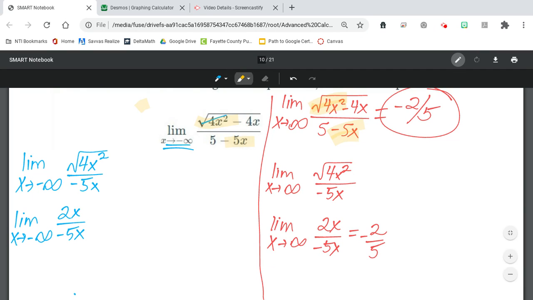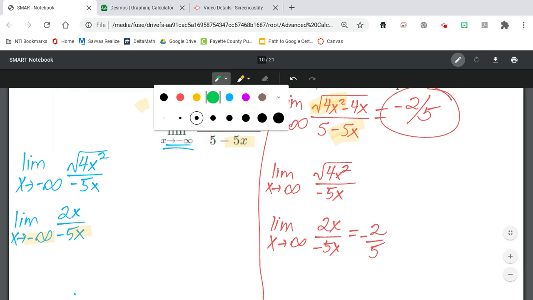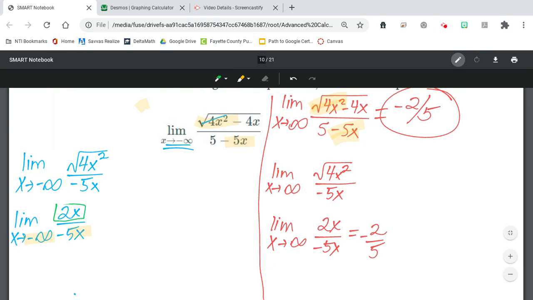mind we're approaching negative infinity, so the numbers that you're going to be substituting in for x are going to be negative. Except in the numerator, right here, this 2x is going to be squared. So whatever is up in the numerator is always going to be positive, no matter what.